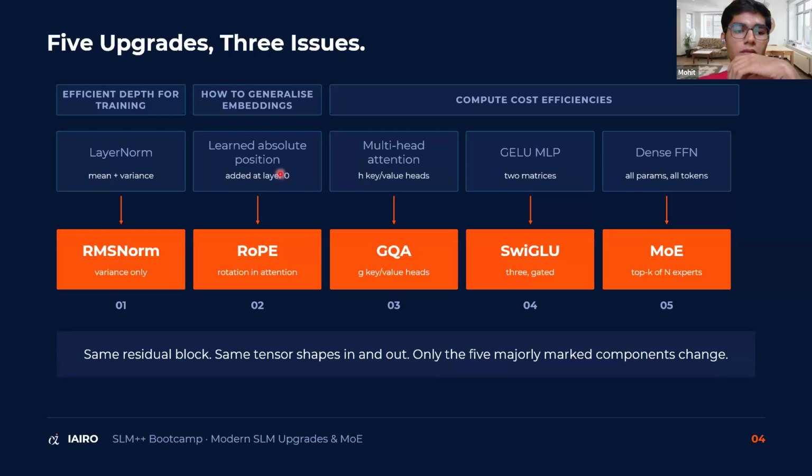But the upgrade we got from layer norm was RMS norm, root mean squared, where we try to approximate the normalization technique from the definitive steps of normalization. That is what we will be delving into over here.